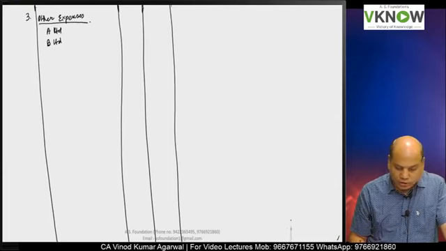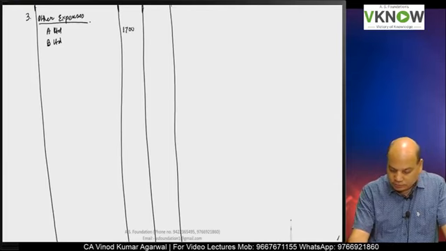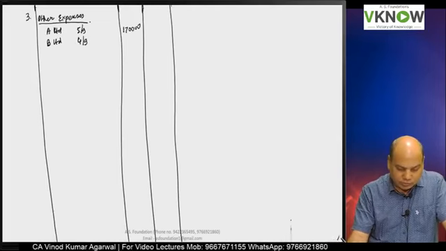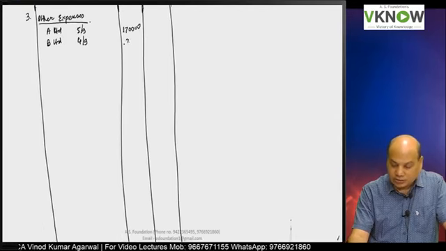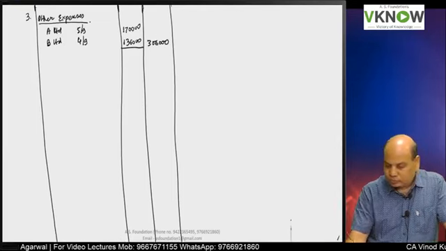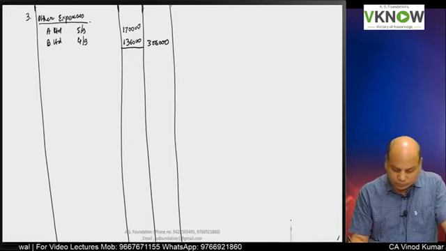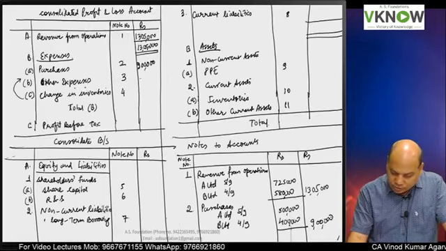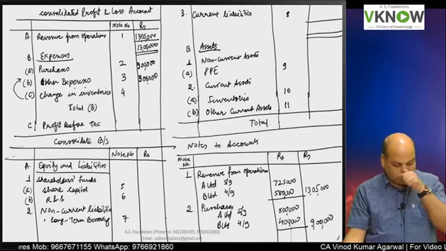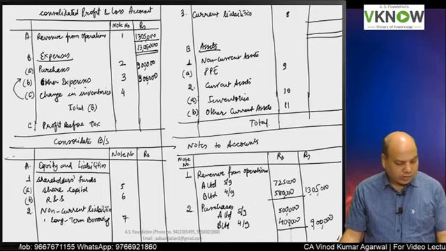So that is coming to 1,70,000. And then you write 4 by 9 of 3,06,000. That will come to 1,36,000. So this total comes to 3,06,000. In the main page, other expense 3,06,000.